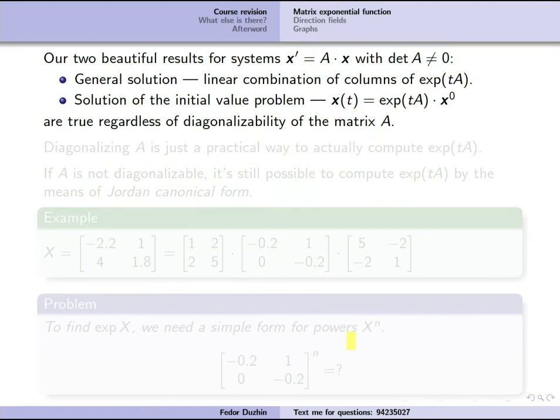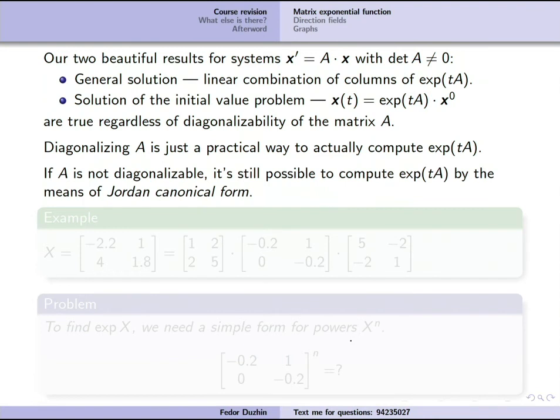Essentially we have got these two results, a general solution and the solution of the initial value problem. These two results are true regardless of whether the matrix A is diagonalizable or not diagonalizable. So diagonalizing A is just a practical means to actually compute the exponential matrix function.